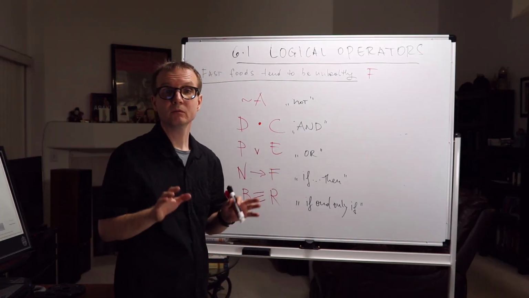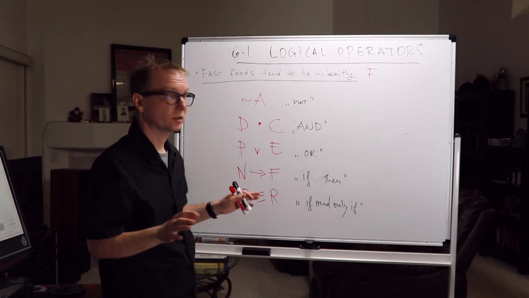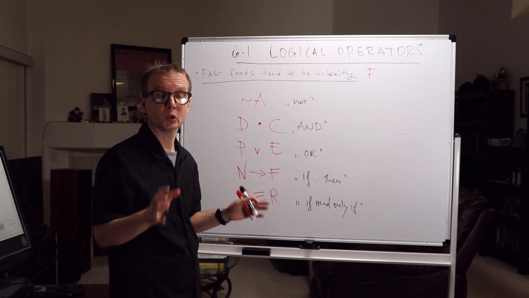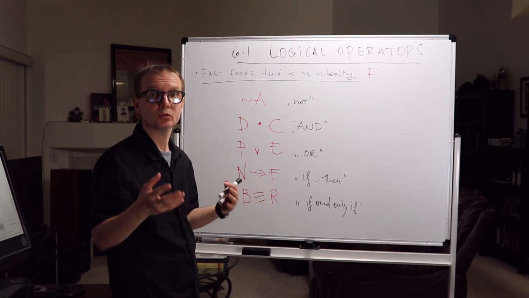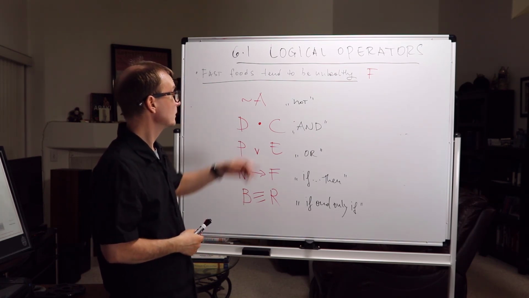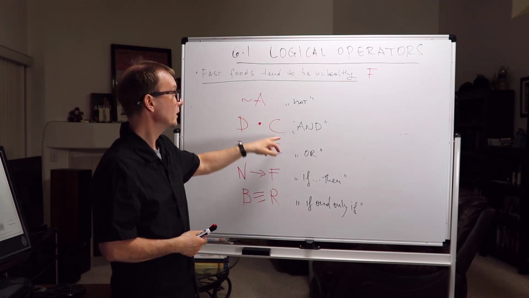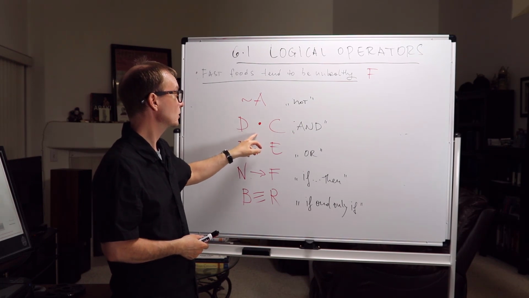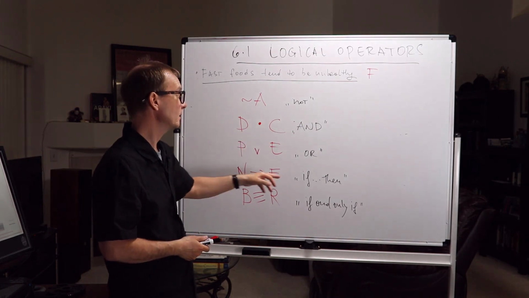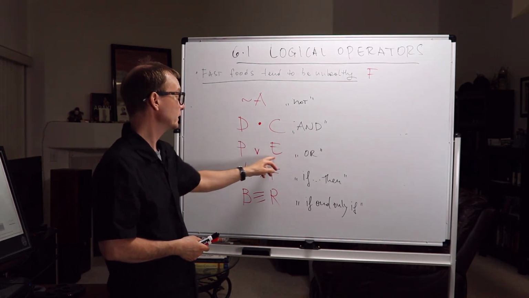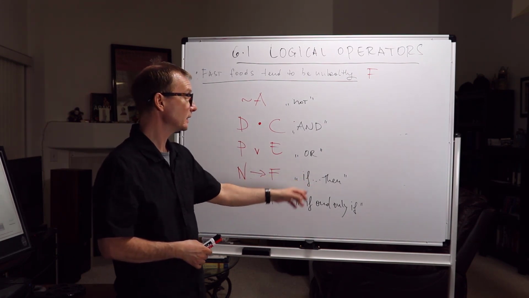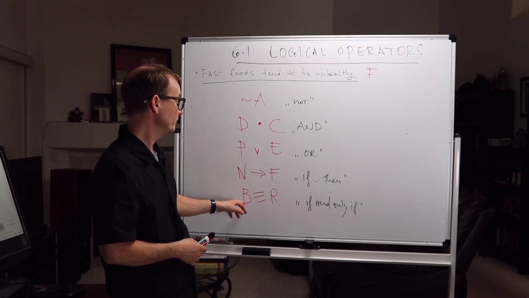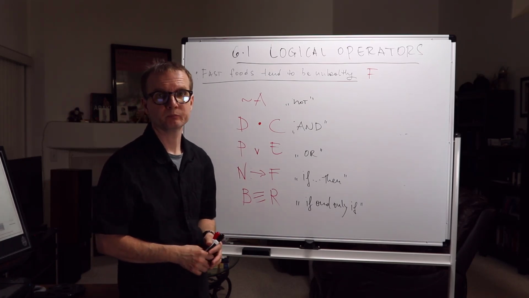The usual ways for logical operators to be pronounced are: "not A", "and" for the dot, "or" for the wedge, "if then" for the horseshoe, and finally "if and only if" for the triple bar.